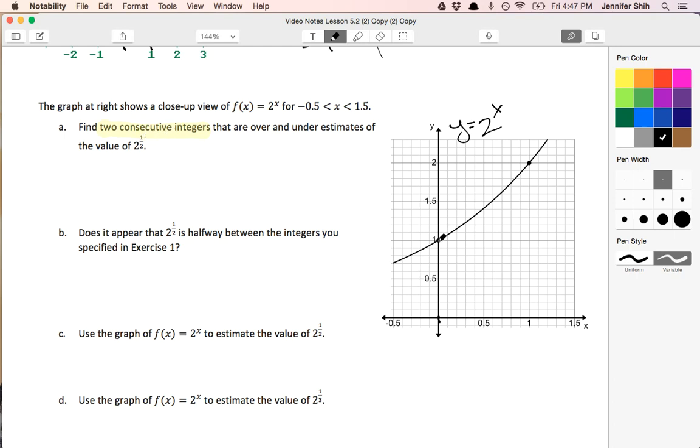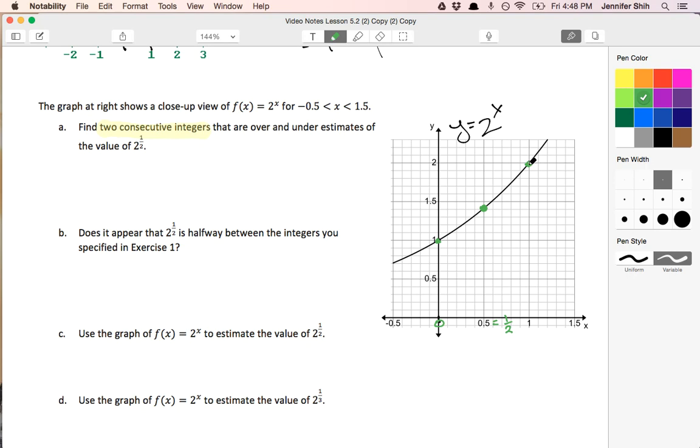This is good. This is the value for 2^0. This is the value for 2^1. If we want something around 2^(1/2), well, 0.5 is also equal to 1/2, so we want our y value to read right around there. An underestimate would be here, and this x value is 0.